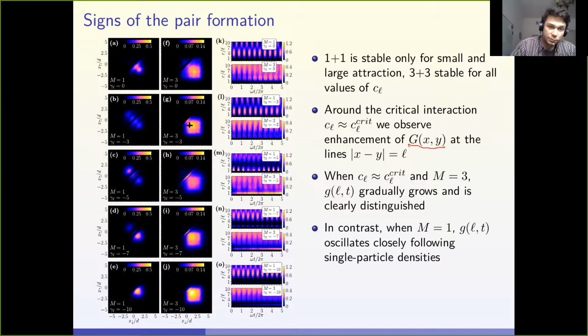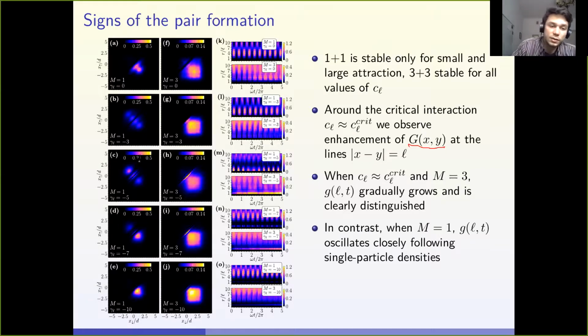Okay, this is the case for 3 plus 3. On the other hand, when we have 1 plus 1 around the critical value of the attractive interactions, I mean pictures B, C, D, then we have a non-zero part above the anti-diagonal, and this corresponds to instability in the system. Okay, this is the first observation.